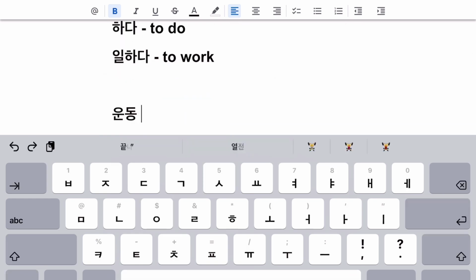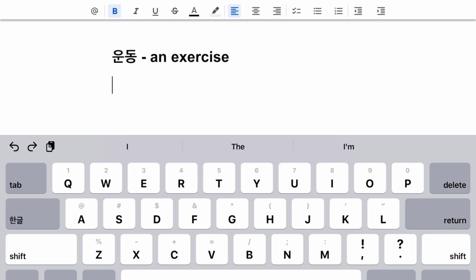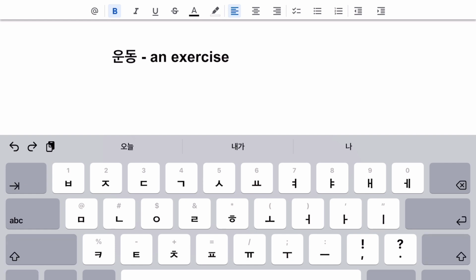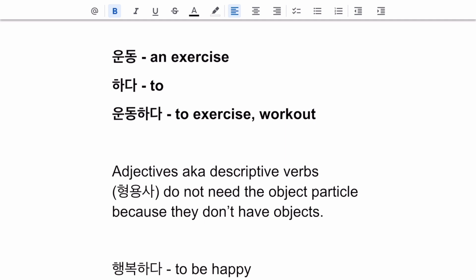Another one, 운동, means an exercise, a thing, right? To do a singular exercise is to work out. So 운동 can exist on its own, or it could be added as part of a hada verb to make a different meaning.